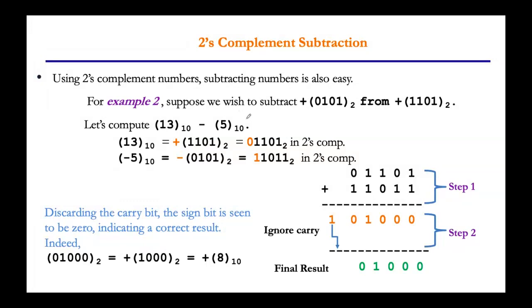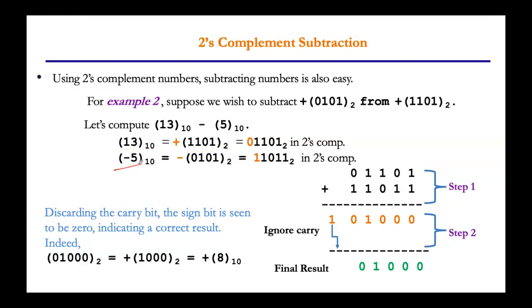Suppose 13 minus 5, using the 2's complement. For 13 minus 5, you can write positive 13 as its binary representation only. All the positive numbers, in signed magnitude, 1's complement or 2's complement, are equal to that number's binary representation.